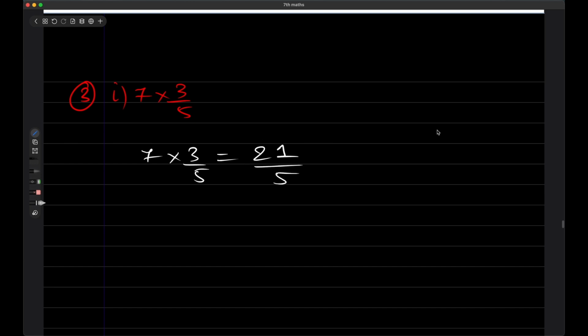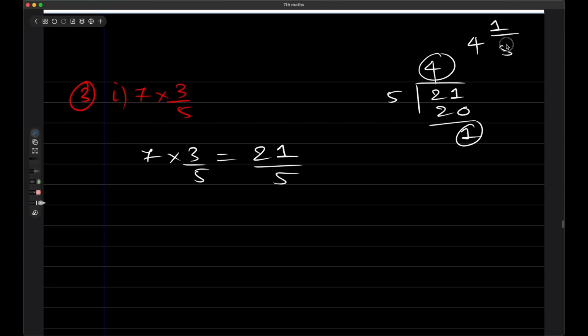This is in the lowest form, so we have to convert it into a mixed fraction. It is 21 divided by 5. 5 4s are 20, remainder is 1. So 4 complete, remainder is 1 and denominator as it is.